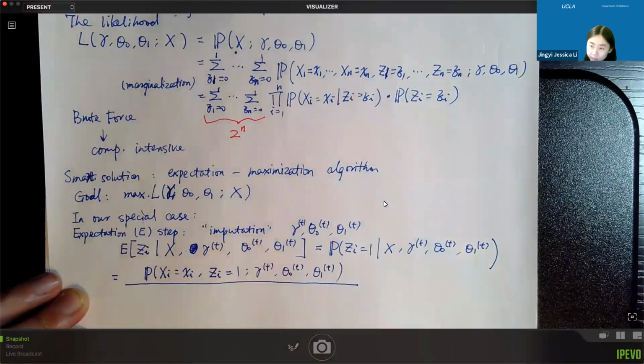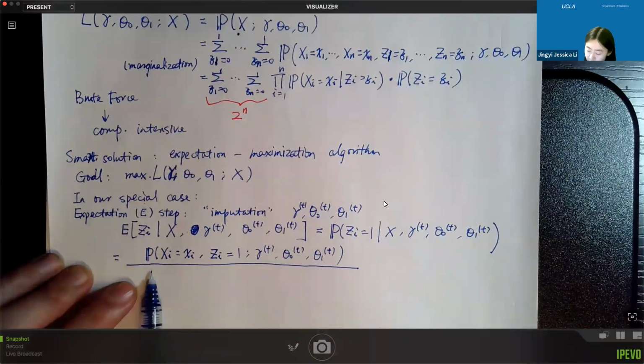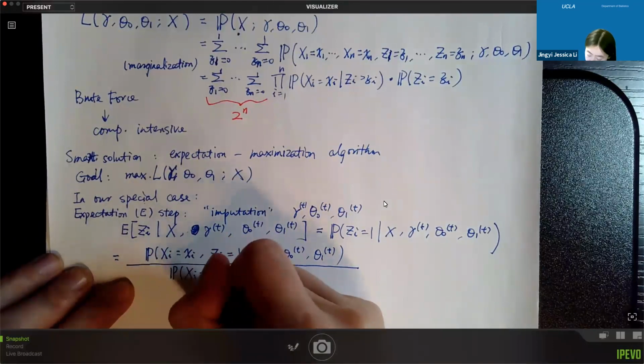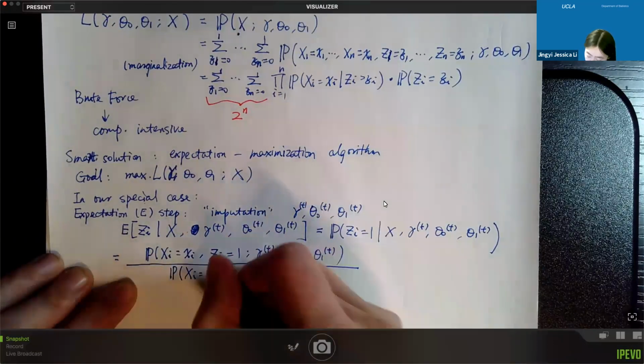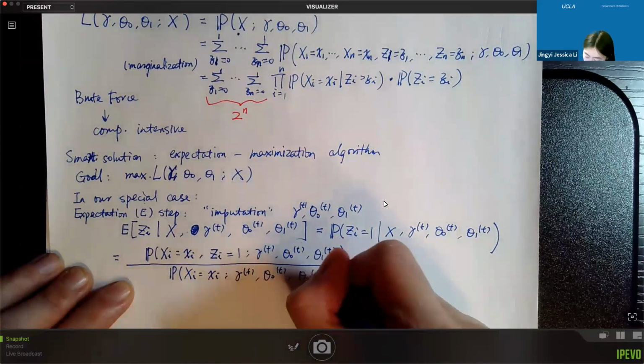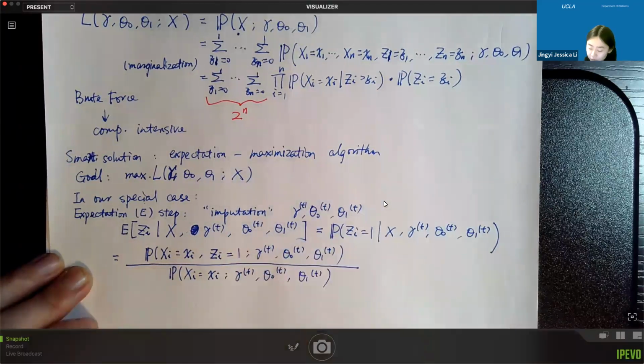This is the joint probability. I'm going to divide this by the marginal probability of xi, given gamma t, theta 0t, and theta 1t. Okay, this is the Bayes formula.